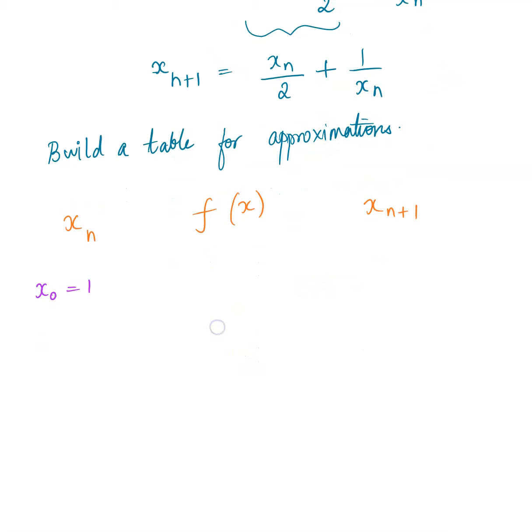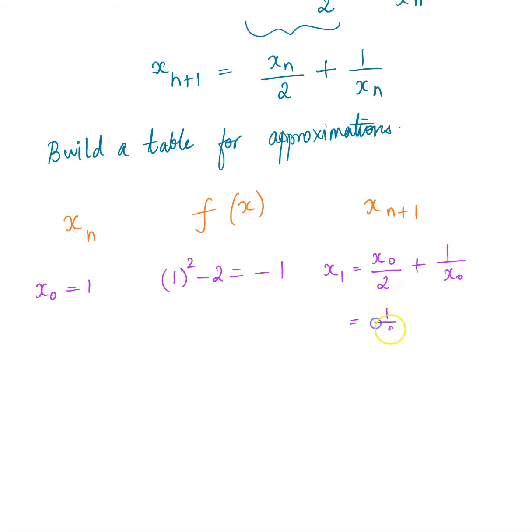Okay, when x equals 1, what is f of x? So you're technically going to substitute 1 squared minus 2, which was negative 1. But we need to find x1 using this approximation. Because of this simplification up here, that will be x naught over 2 plus 1 over x naught.